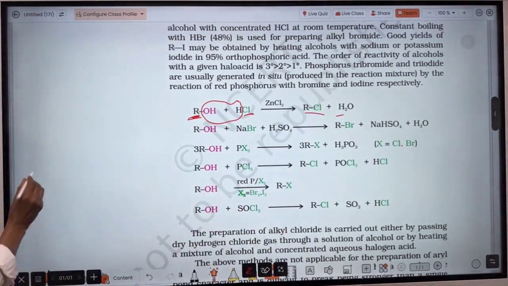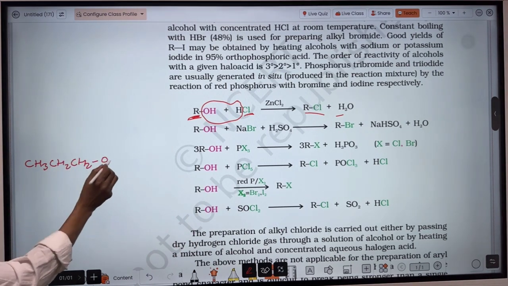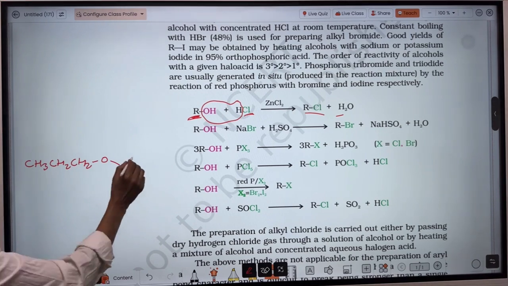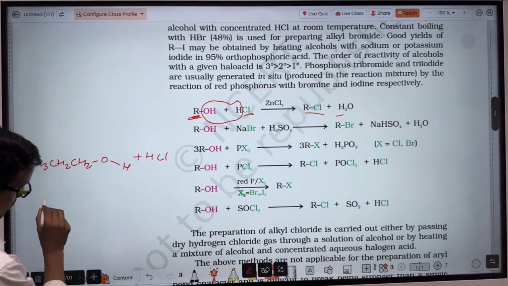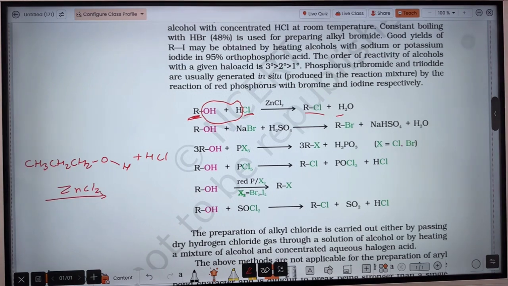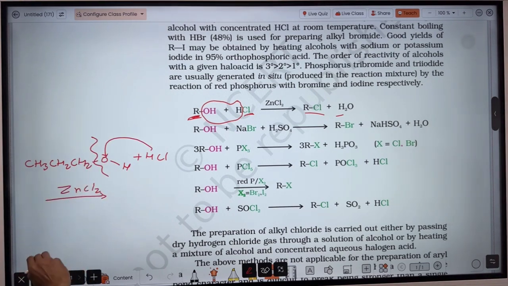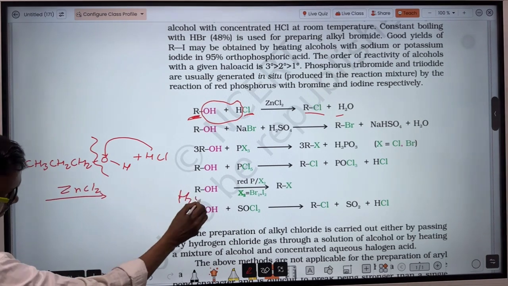As for example, let's see this reaction. This one reacts with HCl in presence of ZnCl2. So what happened? This hydrogen will combine with this oxygen, so it will be released as H2O.